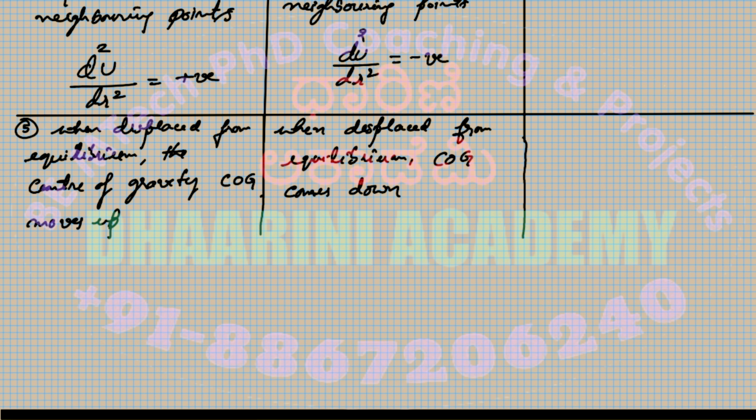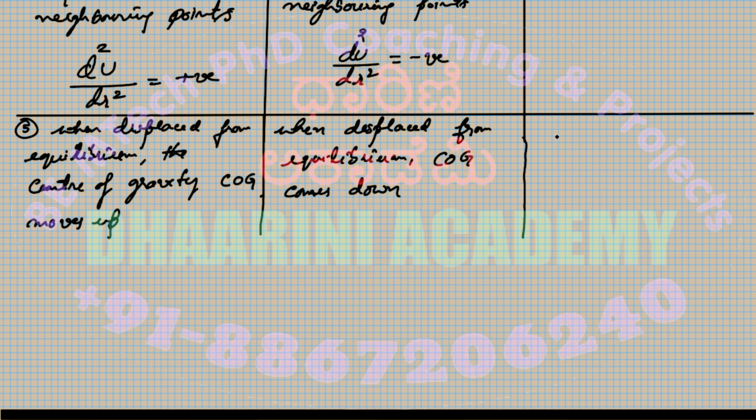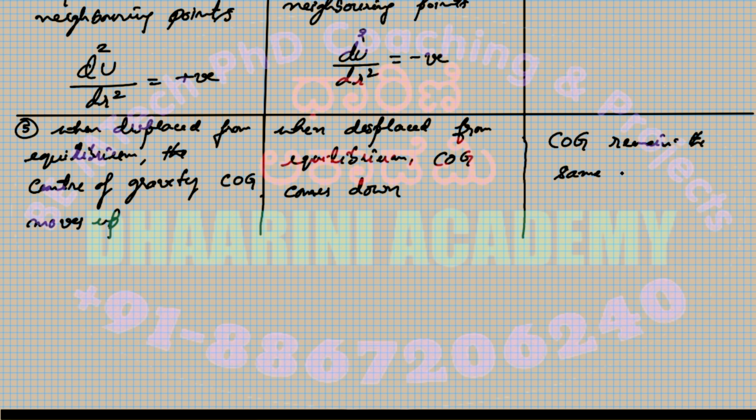You can see that in neutral equilibrium, center of gravity of the body remains same, right? So I'll just write COG remains the same, same level, right? It's not going to move.